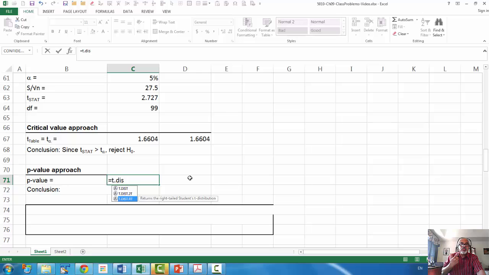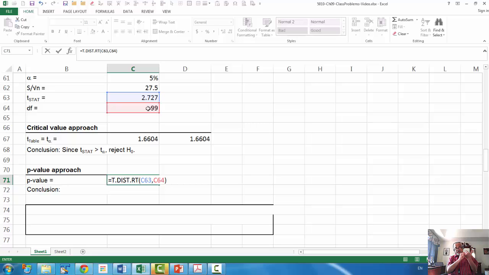What we have is a one-tail test on the right side, so we give the T value and the degrees of freedom in T.DIST.RT. So you have to think about which T.DIST function you have to use.